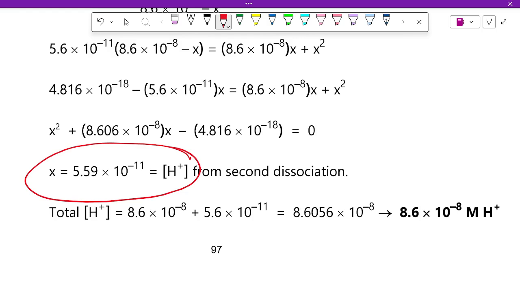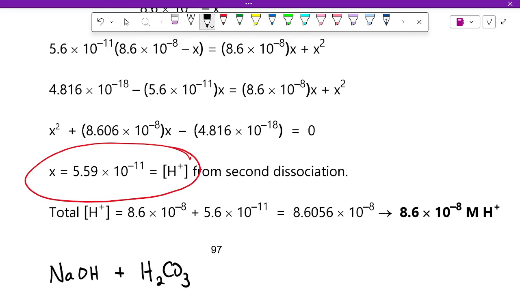Now, I do have a caveat for you, and it won't matter for this unit, but it will matter for unit 5. When you're doing Ka calculations, only use the first dissociation. But in unit 5, we are going to be reacting a strong base with a weak acid, perhaps.